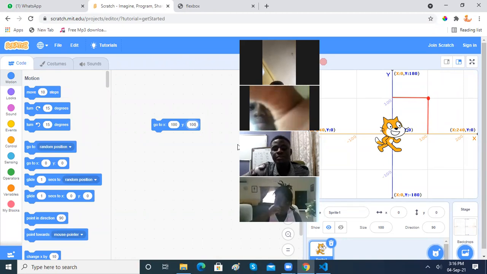Yes, Daniela. It will go to the dot. Okay, Daniela says it will go to the position of the dot, X and Y. Right. So, Audrey, did you hear that?